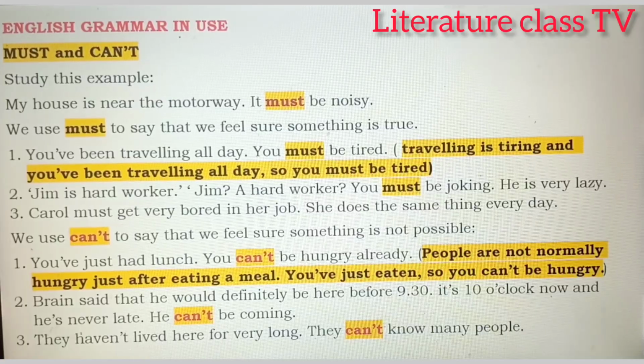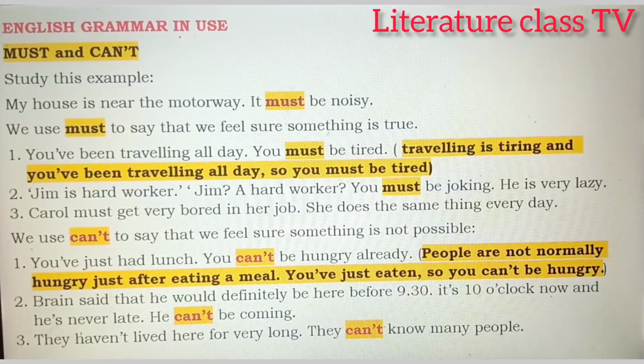My house is near the motorway. It must be noisy. My friend, according to this example, we use must to say that we feel sure something is true.